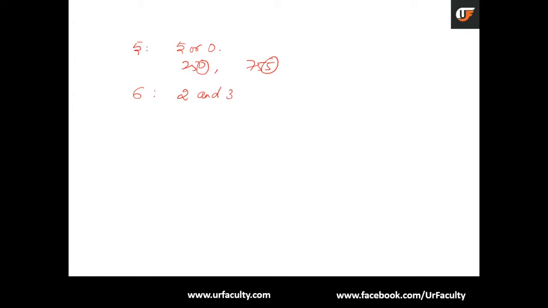So, let's say you are given the number 308. All that you need to do is check if it is divisible by 2. Is it divisible by 2? Yes. Why? Because the last digit is an even number. Now, is this divisible by 3?